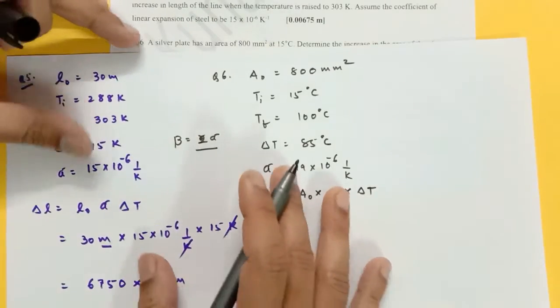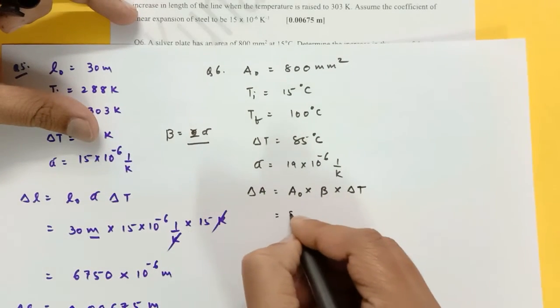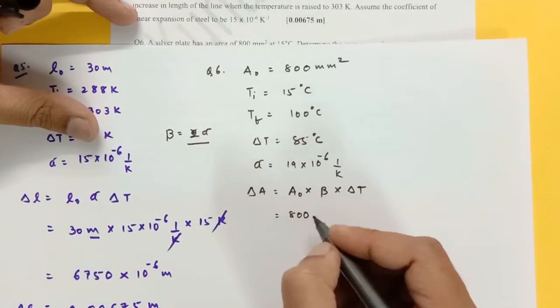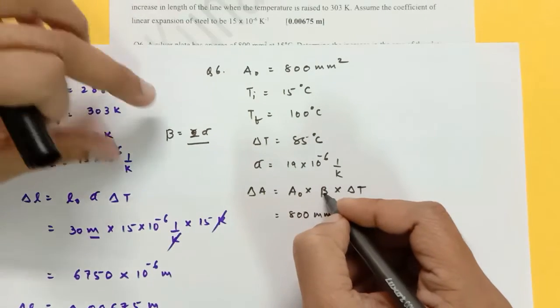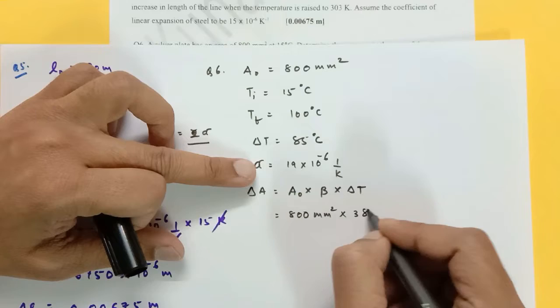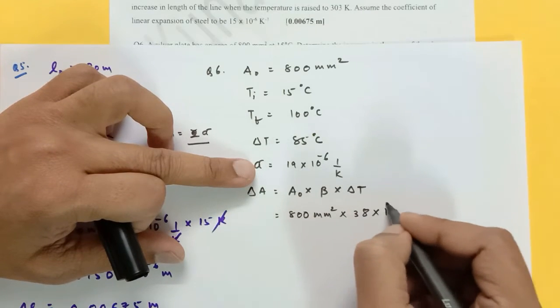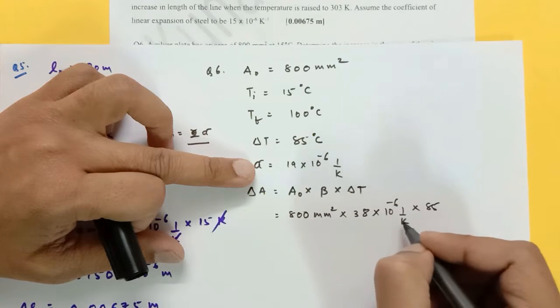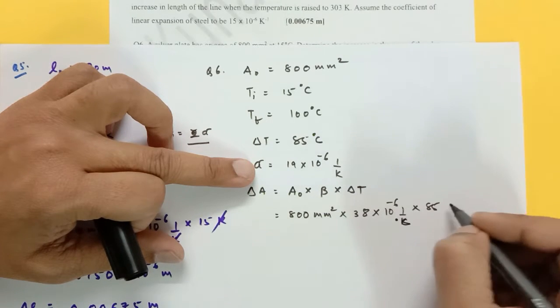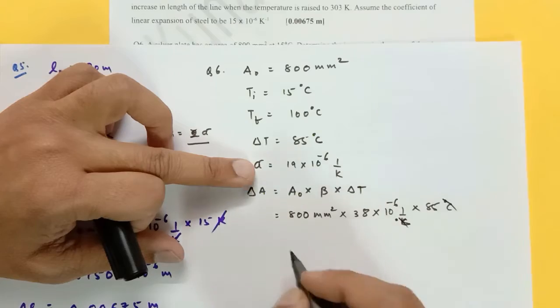So what I am going to do is, instead of A0, no need to convert this into meter square, 800 millimeter square, multiply by 19 times 2 is 38, because this is alpha, 10 raised to minus 6, 1 upon Kelvin, into delta T is 85. This can be also written as degrees Celsius getting cancelled.